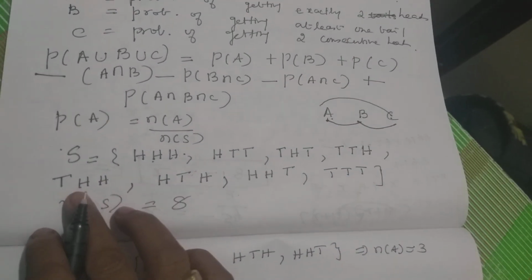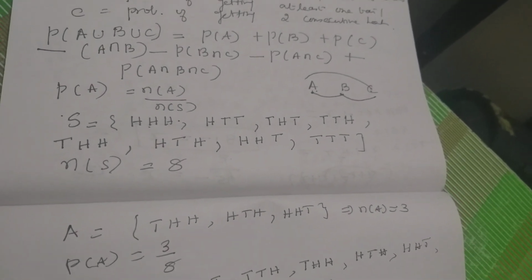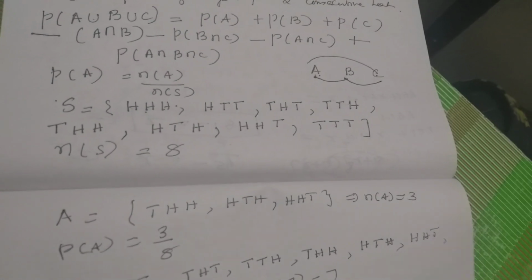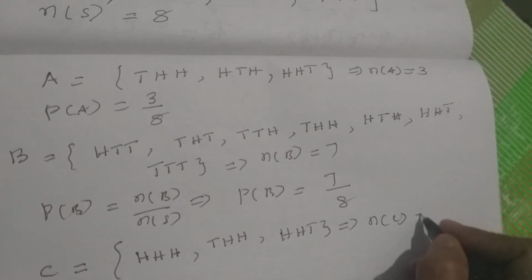Two heads continuously here, T, H, H. Then here it is not continuous, so H, H, T. So also we are getting n of C equal to 3.